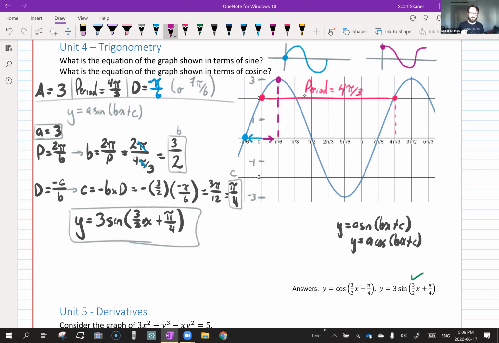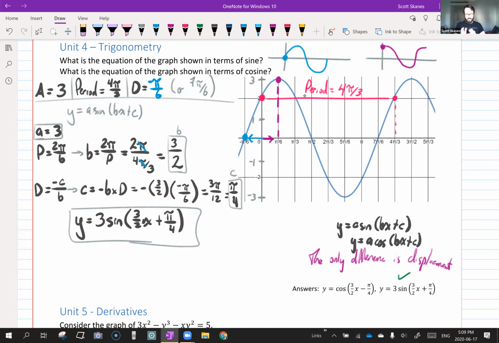Yes, Zara, the only difference for cosine is D. So I'll write that down. Just so that it's clear, okay?